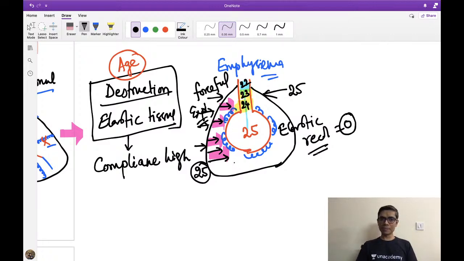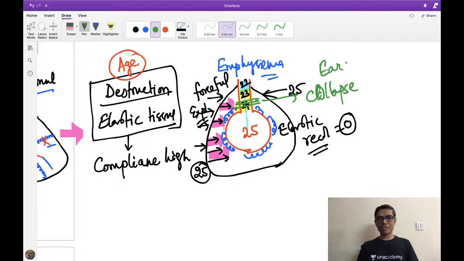So what is going to happen? Internal pressure is less and external pressure is high. So there will be immediate or early closure of this airway. There will be collapse of this airway.